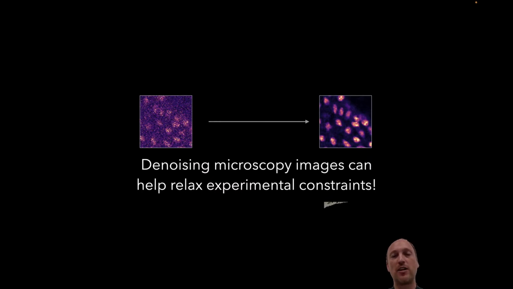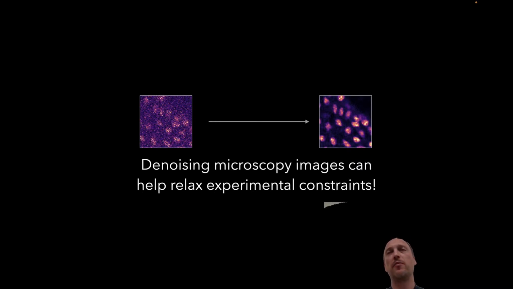And if you do that, then you potentially can relax experimental constraints. Now, perhaps you can image faster. By imaging faster, you would have maybe noisier images, perhaps images you cannot use. But now with denoising algorithms, you might be able to recover images that are as good as what you would have acquired with slower imaging, or with more light, or if you had engineered a sample with better signal.